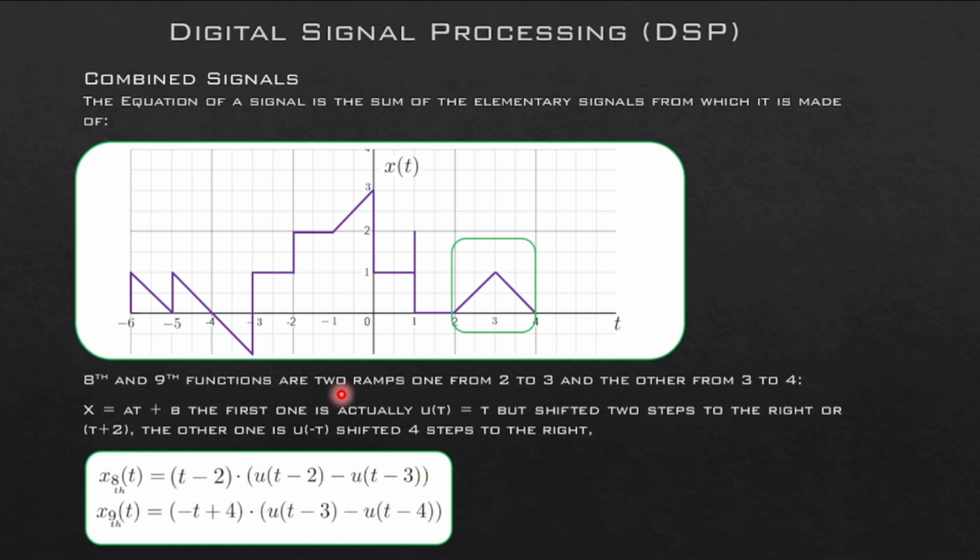So x(-t+4), okay, because here we have minus, that's why. Minus t minus minus 4 plus 4. So this is the function, and it is between 3 and 4. So u(t-3) minus u(t-4), you get this function.